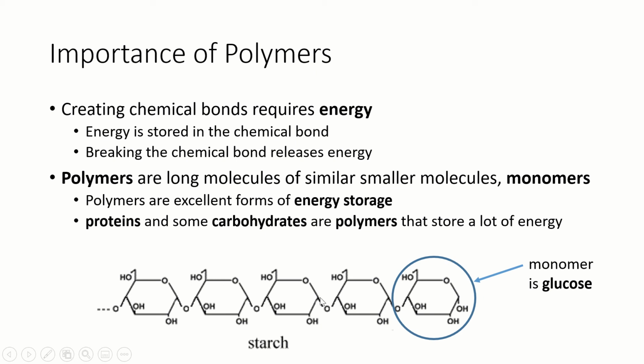Polymers are long strands of similar molecules. This polymer is starch, which is a super long strand of glucose monomers. Okay, poly means many, mono means one. So a polymer is many monomers. Monomers are the units.